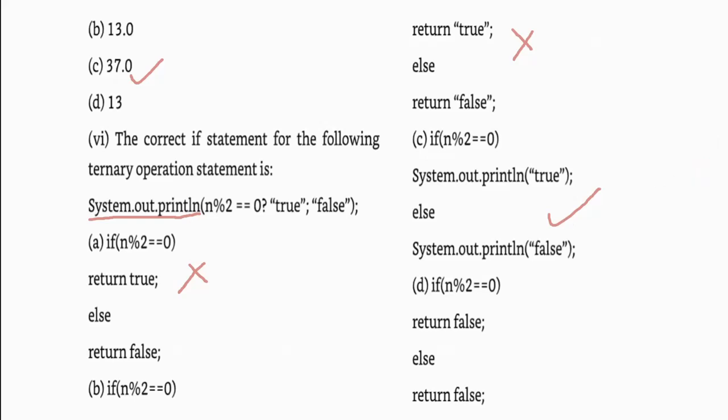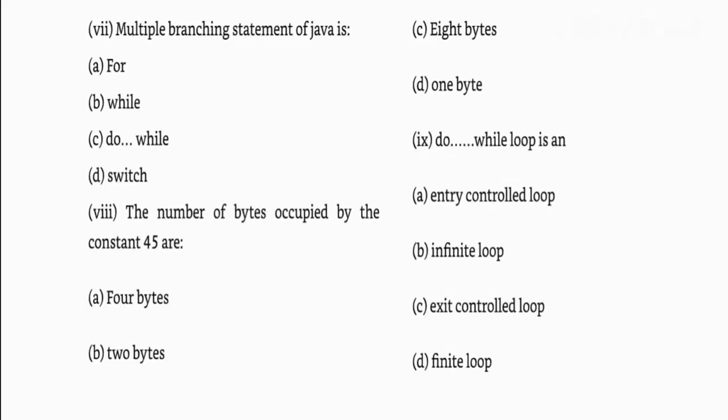So the next one, let me clear the marking first. The next one says multiple branching statement of Java is, right? So all of them have some conditions.